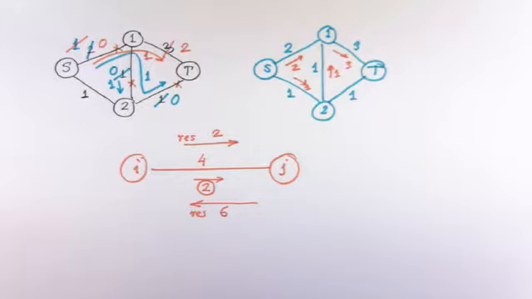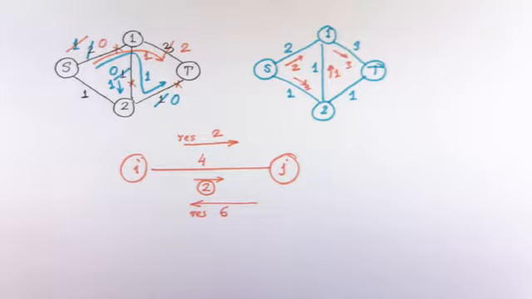Right. Now, without complicating things any further, if you go through this algorithm, you will see that the construction of the residual graph takes this into account, and then you can find out the path from S to T considering all these factors.